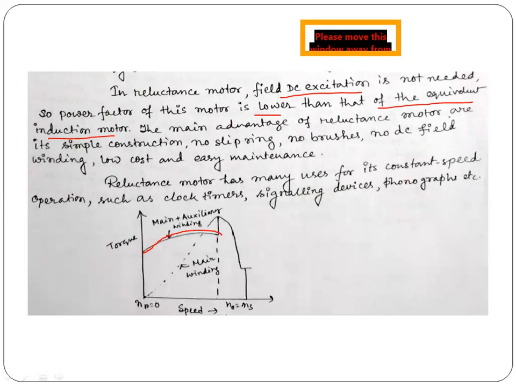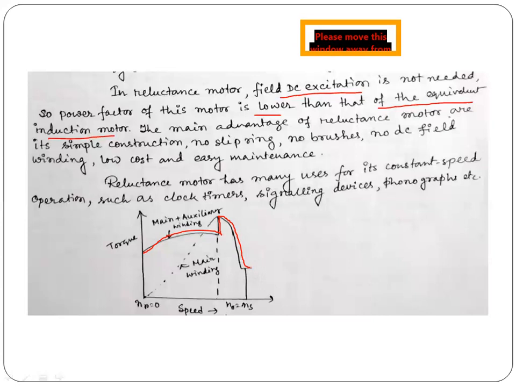It generates a particular flat kind of torque, and after that the auxiliary winding is removed, and due to the reluctance effect, the reluctance torque is developed. So the amount of torque is increased and the motor runs by itself on its main winding. And the nature of torque speed characteristics is like this.